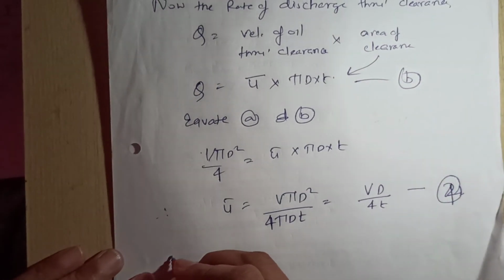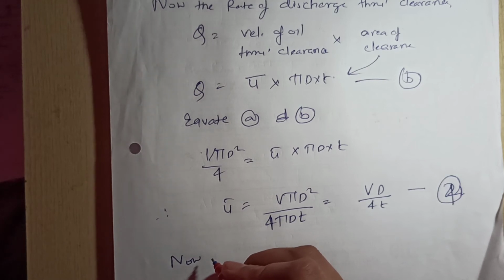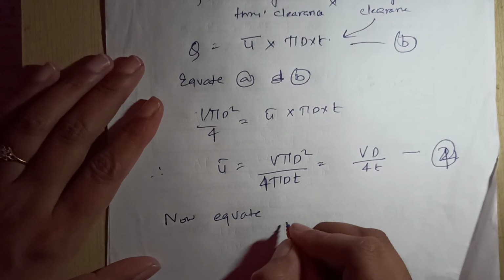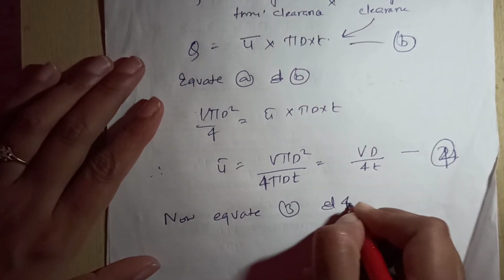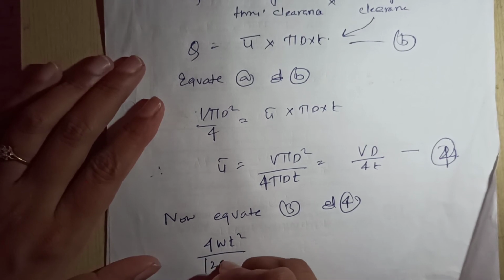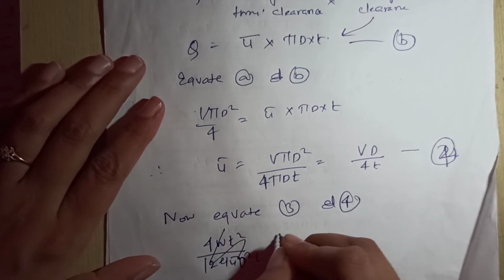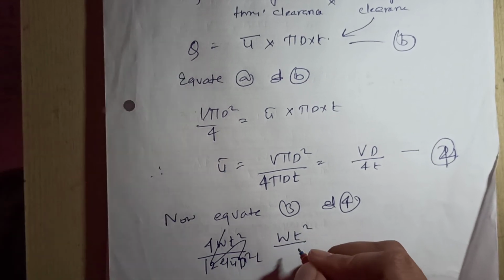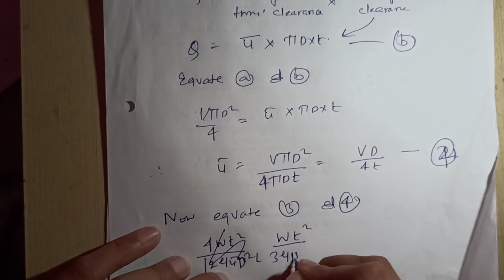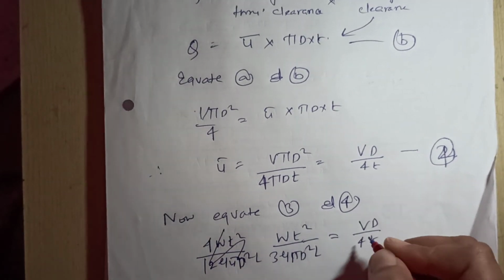Now equate 3 and 4. Therefore W t square upon 3 mu pi d square L is equal to V d upon 4 t.